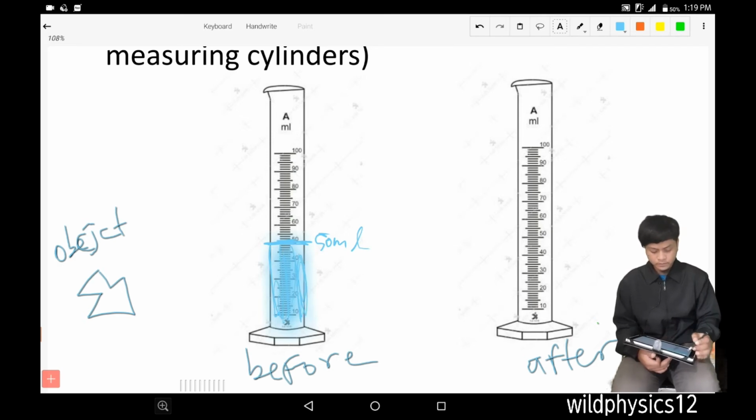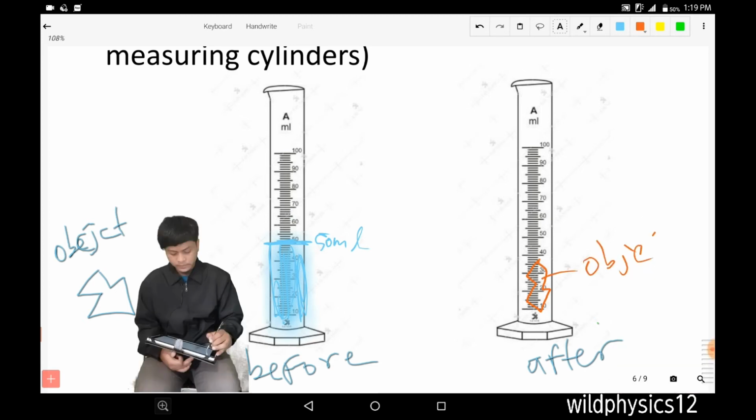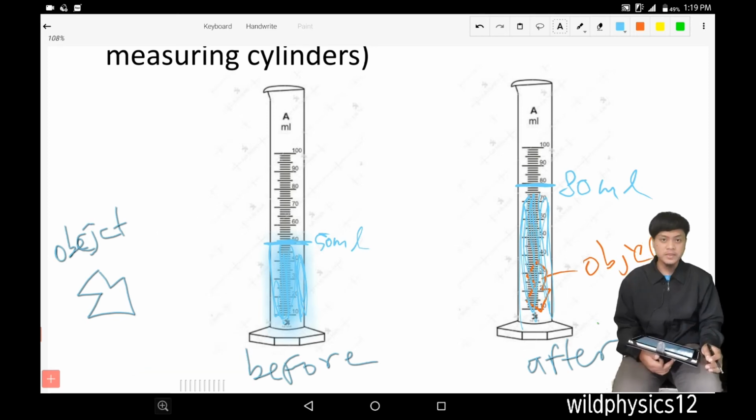But after the object is put down into the measuring cylinder, for example, this is the object, the water inside the measuring cylinder goes up. You will notice that the water goes up until, for example, it hits 80 milliliters. So after the object is inside the measuring cylinder, the water goes up to 80 milliliters.